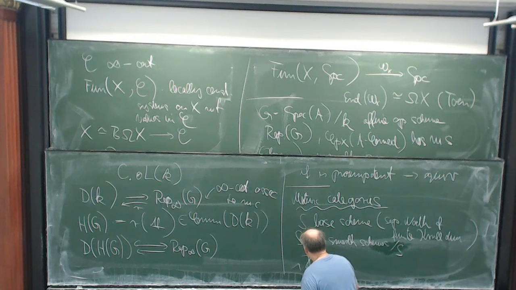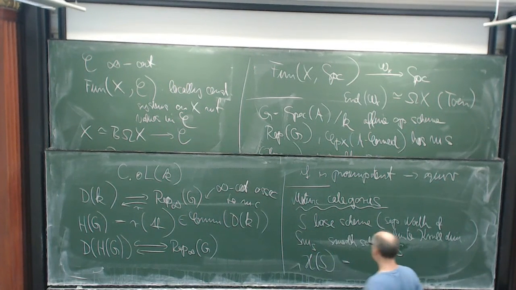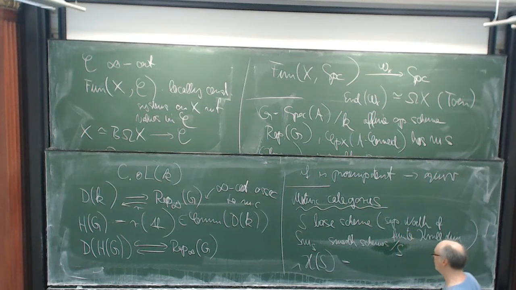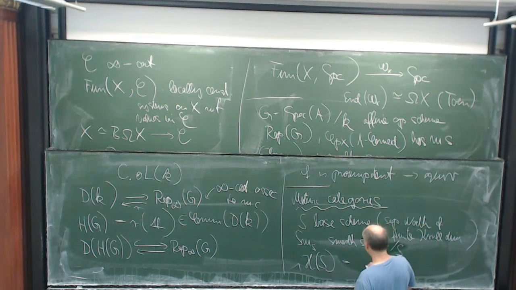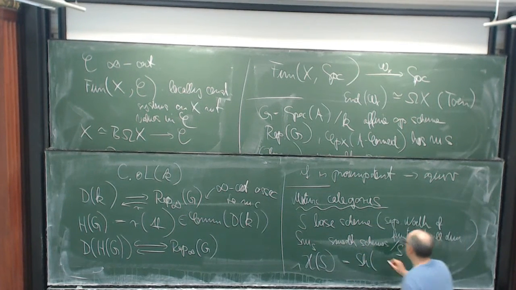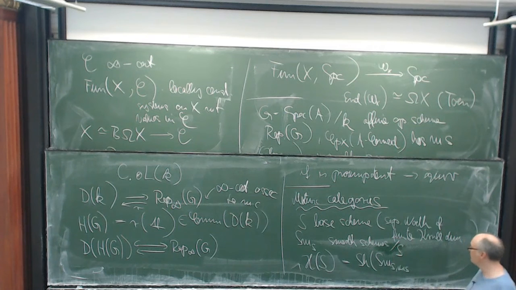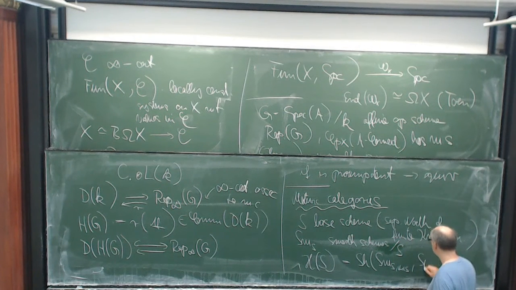So the H of S, which is the unstable motivic category of S, is defined to be, say, sheaves on the site of smooth S-schemes, and we equip it now with the so-called Nisnevich topology, sheaves of spaces.